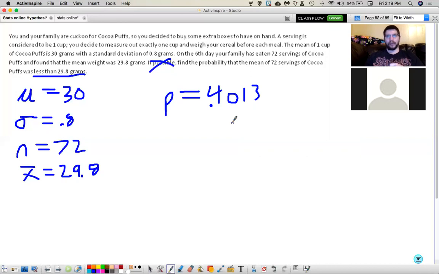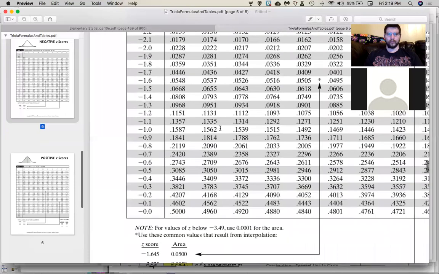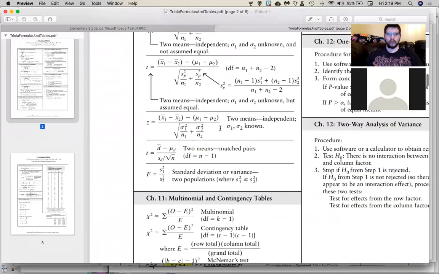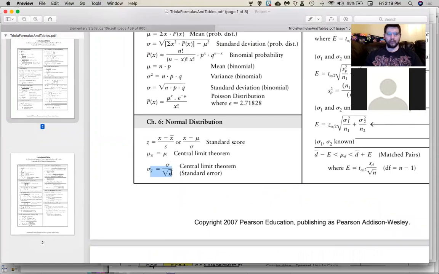However, if you're doing it by hand, and I might add something to where I say show the standardized score first or something to make sure that you know your central limit theorem, we do need to find the z-score. X minus mu over sigma. However, central limit theorem tells us right here, if we got a sample size, divide by the square root of n.